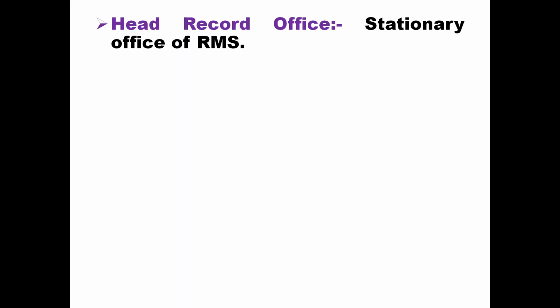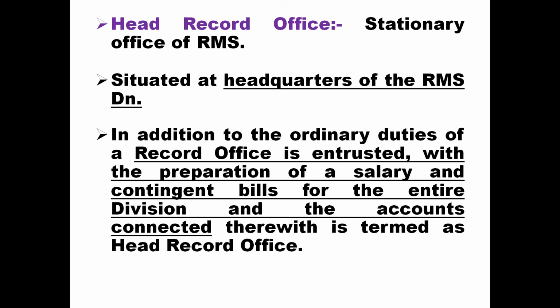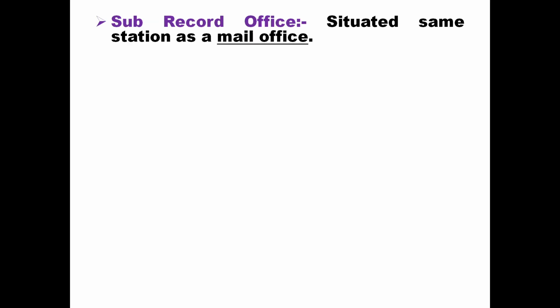Head Record Office. A stationary office of the RMS situated at the headquarters of the RMS Division, which in addition to the ordinary duties of the Record Office, is entrusted with the preparation of salary and contingent bills for the entire division and the accounts connected therewith, is termed as head record office. Sub record office is situated at the same station as a mail office.